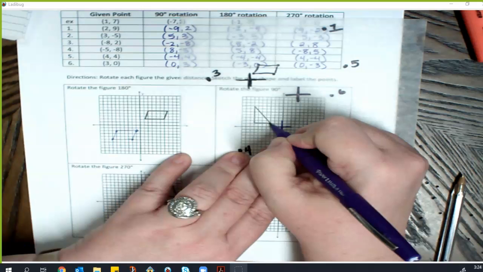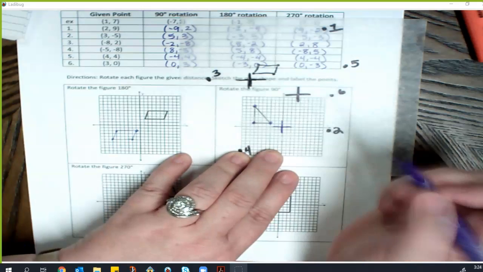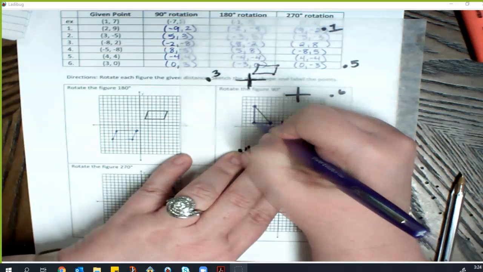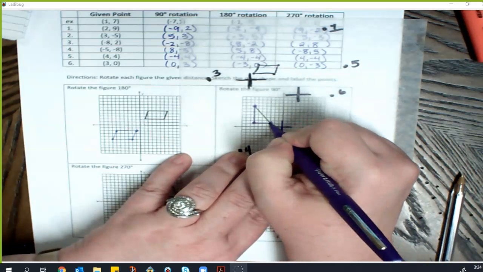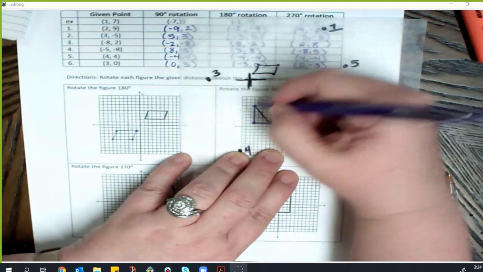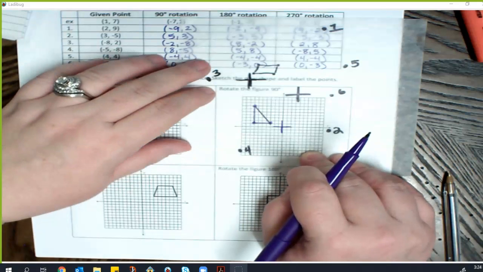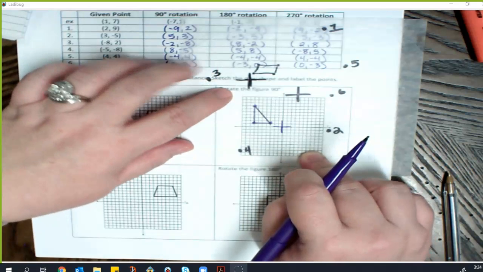I'm tracing my points. 90 degrees. How many turns is that going to be? 1. What quadrant should we end up in? 3, but we have to make sure we're making it the correct way, the correct orientation.